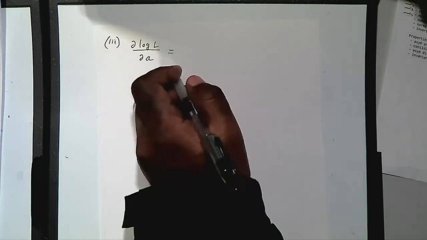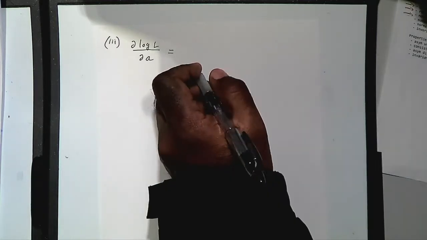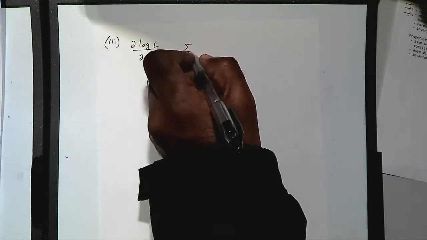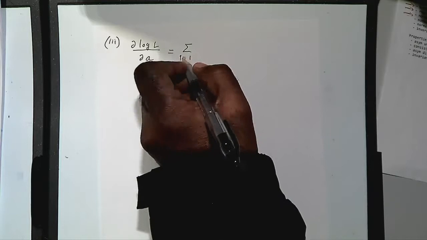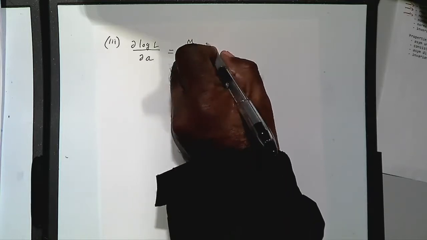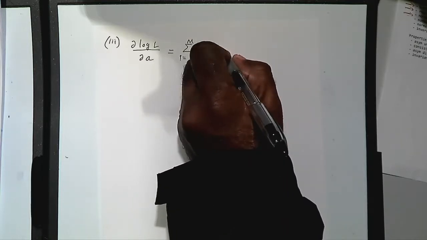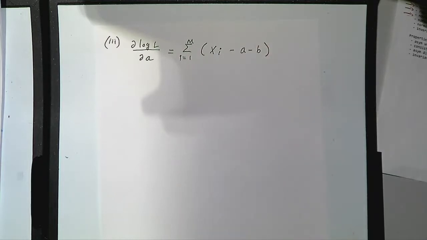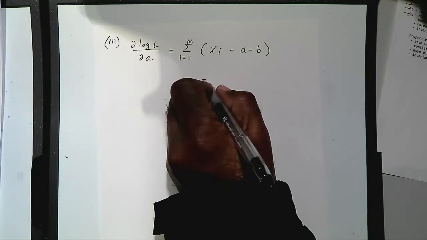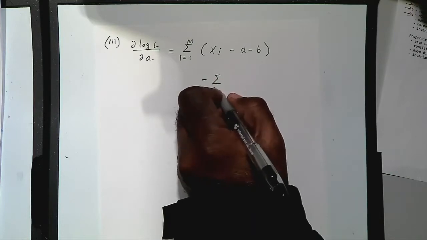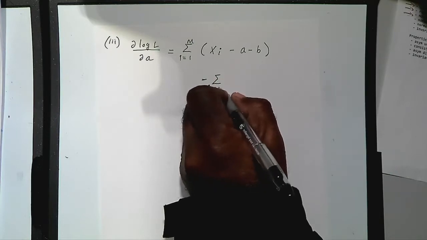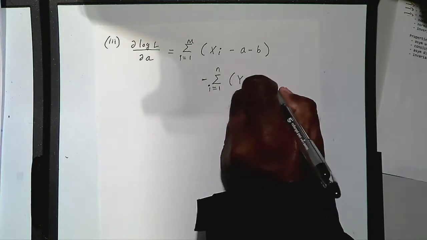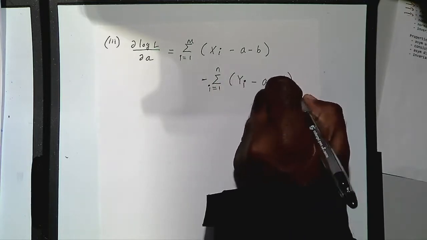If you do the partial derivative with respect to A, you get this, right? Minus this, right?